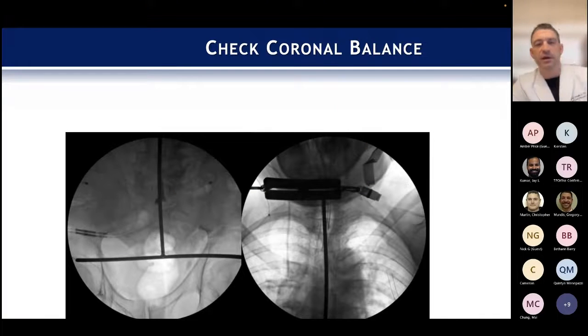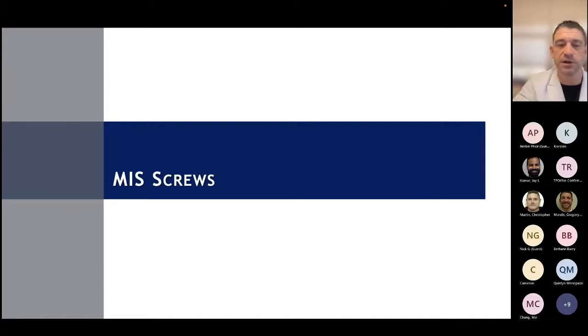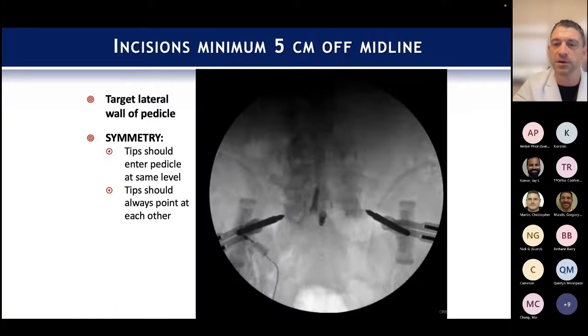And here's how we think through that, just making sure before we get started to have an understanding whether he's aligned or not. That depends on how we're going to change the intraoperative strategy. If we need to do any reduction, he's already lined up, so all we really need to do is lock this guy in place. So again, here you're targeting the lateral wall of the pedicle.